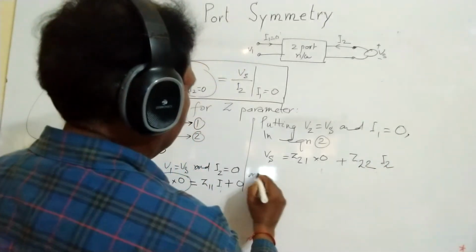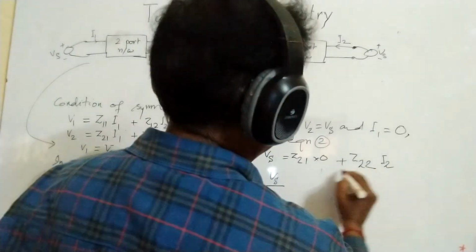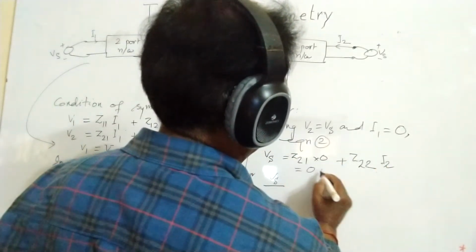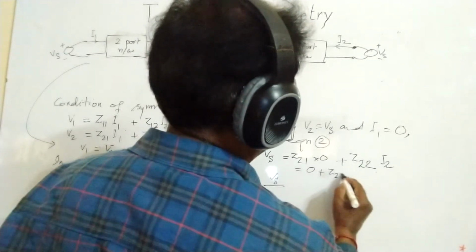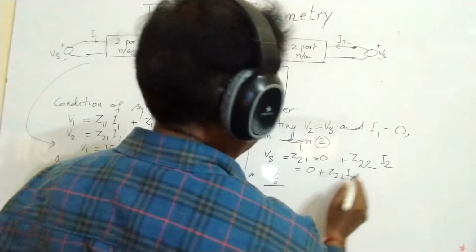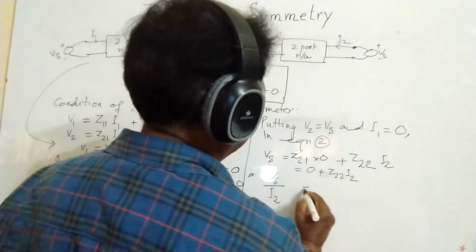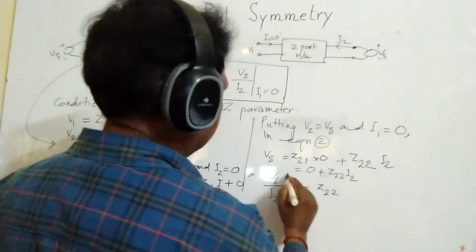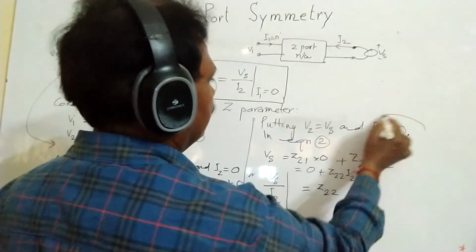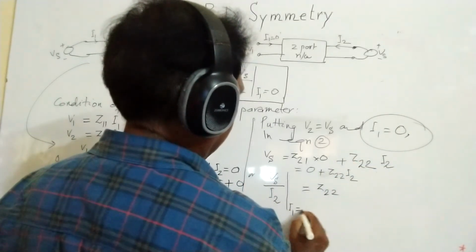Then Vs equals 0 plus Z22 I2. Now Vs by I2 equals Z22, when I1 is equal to 0.